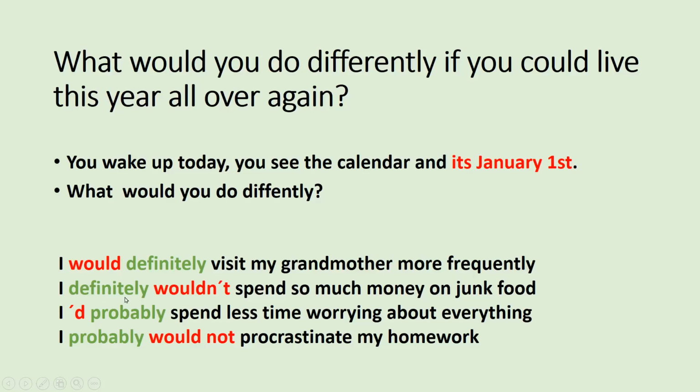Or you can say, I definitely wouldn't spend so much money on junk food because junk food gets you fat. Or you can say, instead of saying I would, the short version, I'd probably spend less time worrying about everything. Because in my case, I worry about everything, literally.